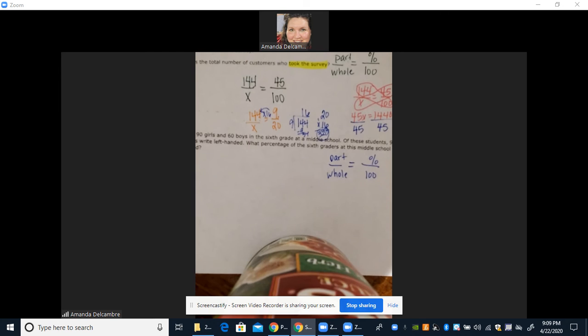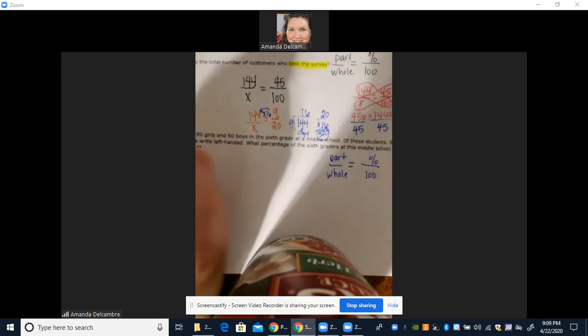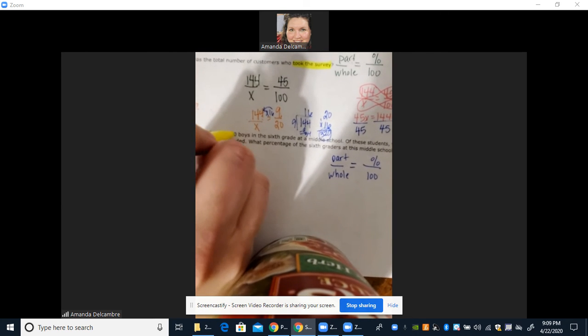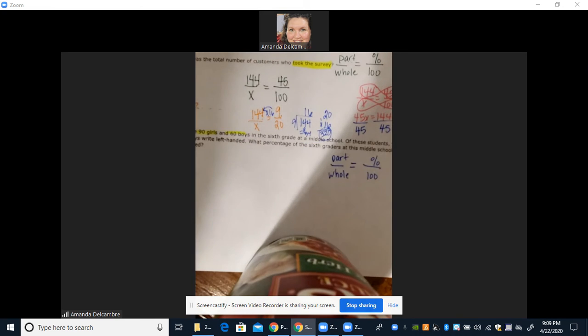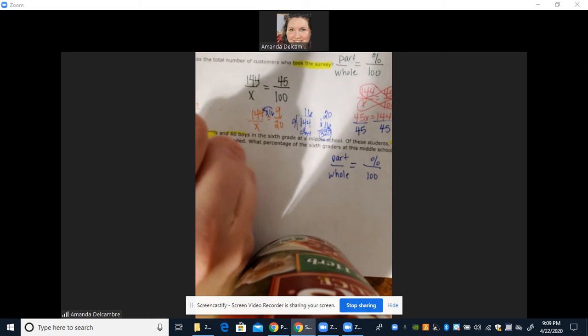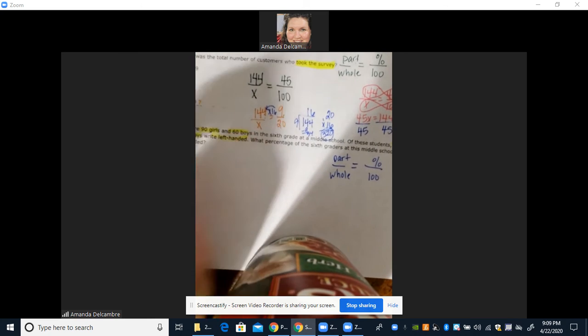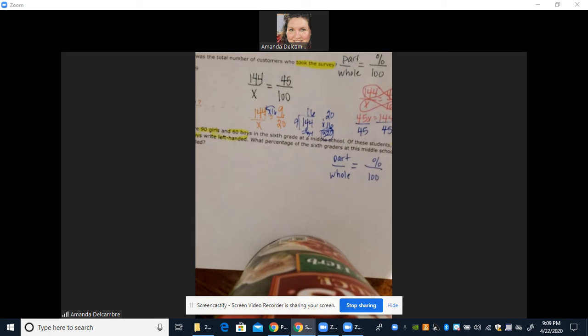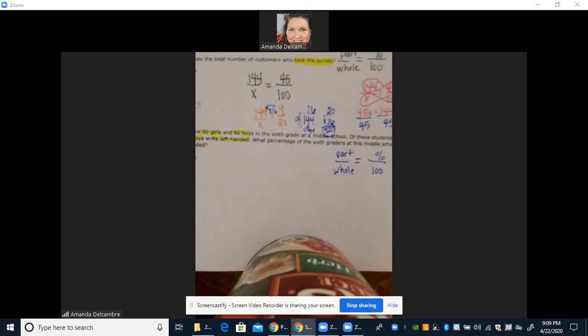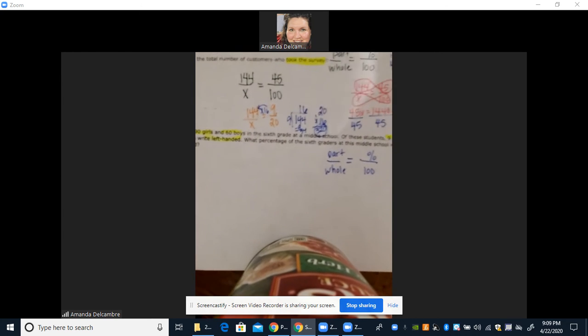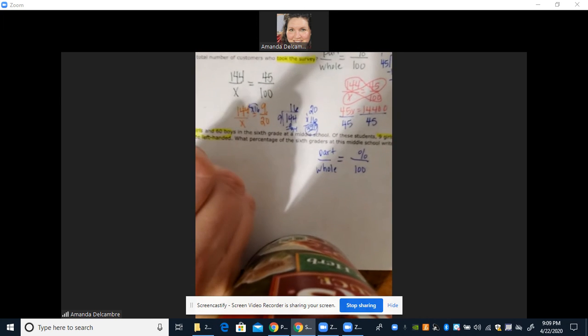Okay, let's look for some key information in here. There are 90 girls and 60 boys. And there are 9 girls and 3 boys in that whole school that are left-handed. Okay, so we're looking at the part is the people who are left-handed.